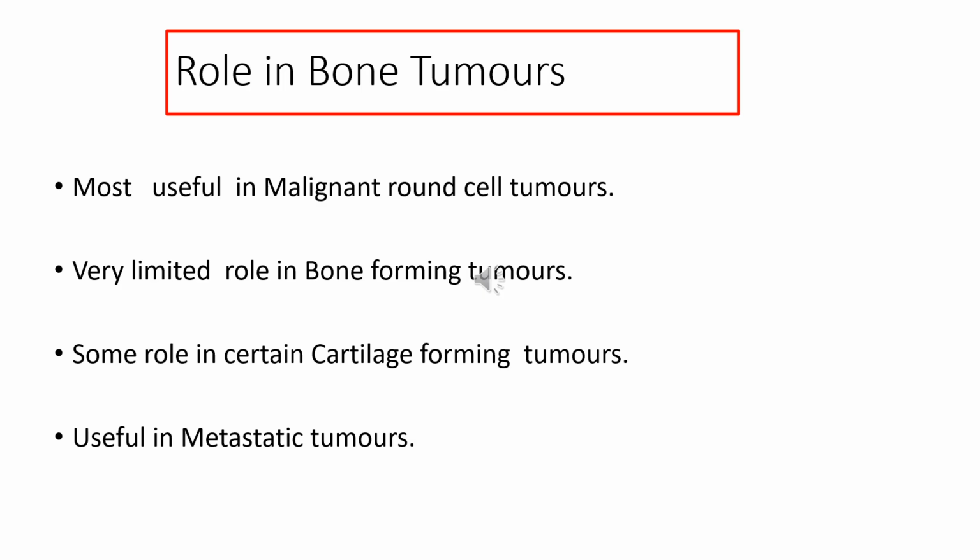Now we know that the most common bone tumor is not Ewing's or osteosarcoma or chondrosarcoma. The most common malignant bone tumors are metastatic tumors. Very often elderly patients come with a destructive lesion in the spine or in the hip, and when a biopsy is done, you find that it is a carcinoma.